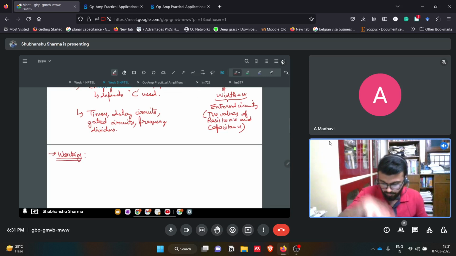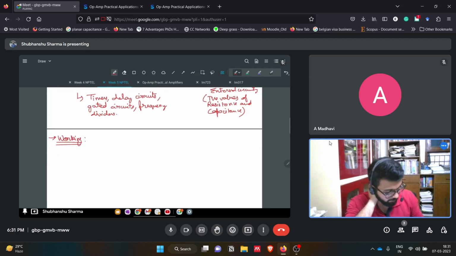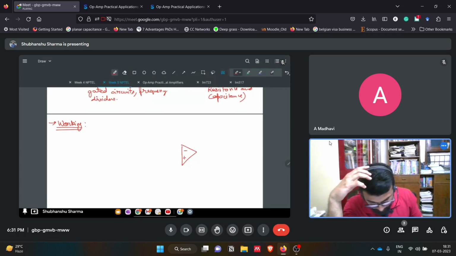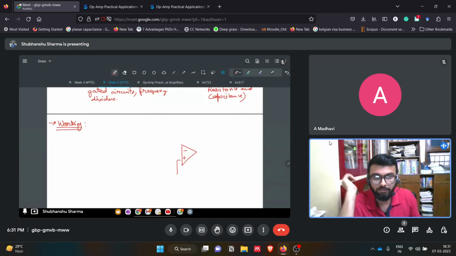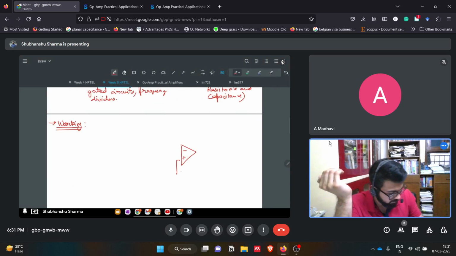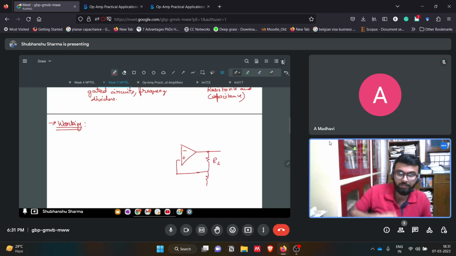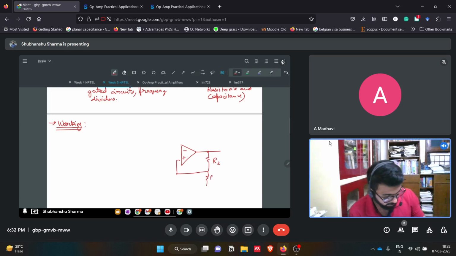So now how is it working? First of all, we'll see the circuit of this. So we had one op amp, and as we know, we were using the part of a Schmitt trigger. Schmitt trigger is an important topic, so we should know about that, because this topic is being used in every other op amp application, right? So this is the part of Schmitt trigger which we are using here. Again, the positive feedback circuit, R2, this is R1, this is V naught.